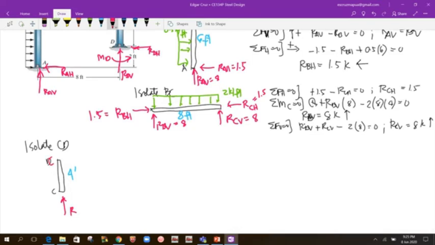Sorry, this is C, this is D. So we have RD vertical, tapos yung RDH, ito kaliwa. Tapos yung moment na inassume natin, which is moment at D. Tapos sa kabila naman, based from BC, isolate member BC, yung RCH natin kaliwa dito, diba? Kaliwa dito. So pagdating dito, magiging kanan.